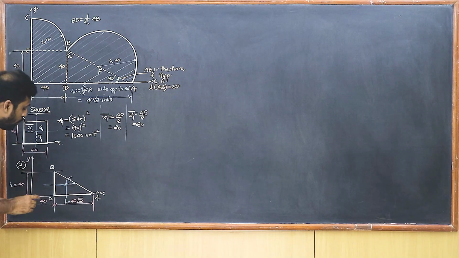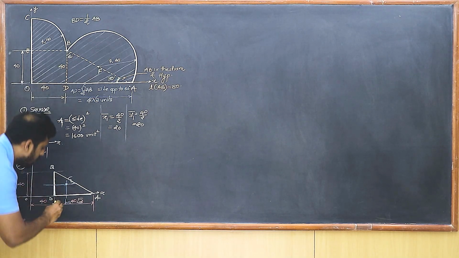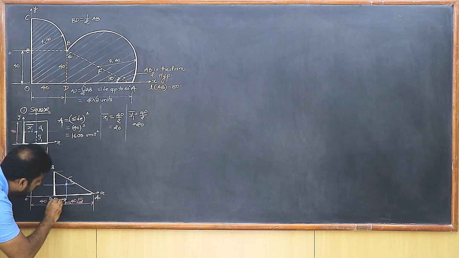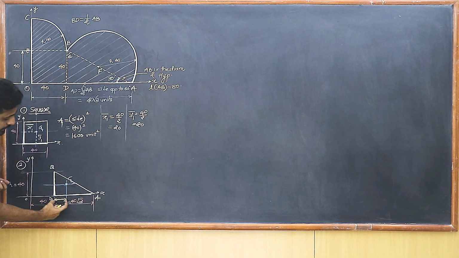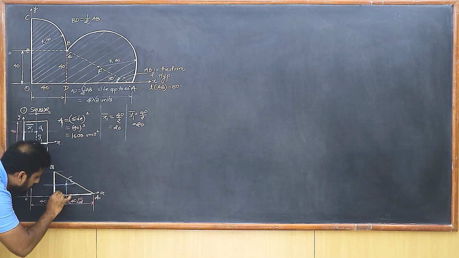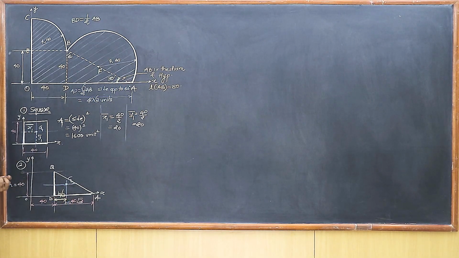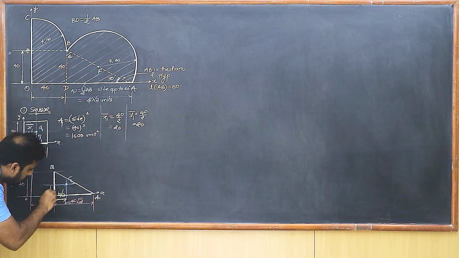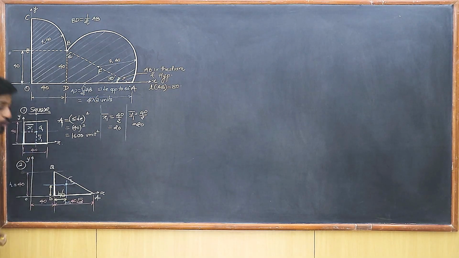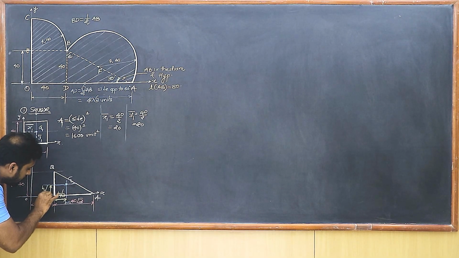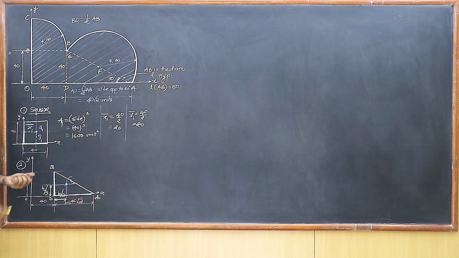Now students, I know that this smaller length that you find over here, this length is 1/3 distance of the perpendicular side. So this is going to be B/3, isn't it? Likewise, this distance is also going to be 1/3 of the perpendicular distance, which is H over here. So this is going to be H/3.